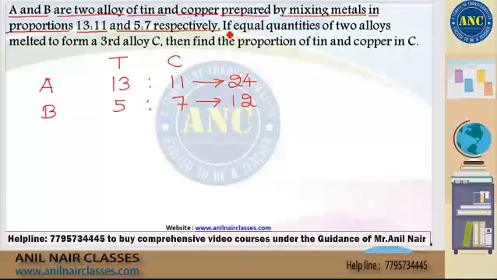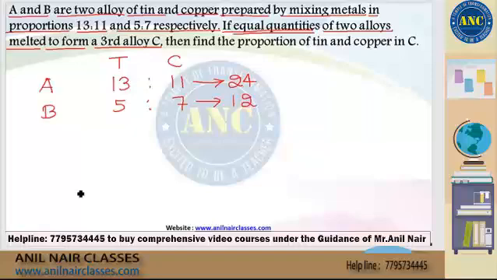Next statement. If equal quantities of the two alloys are melted to form a third alloy C, I am trying to form a third alloy C by making them equal quantities. That means 24 and 12 are not equal, but the question says to make them equal. What is the number which can be made the same?